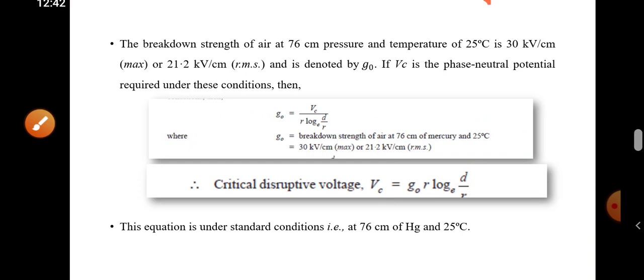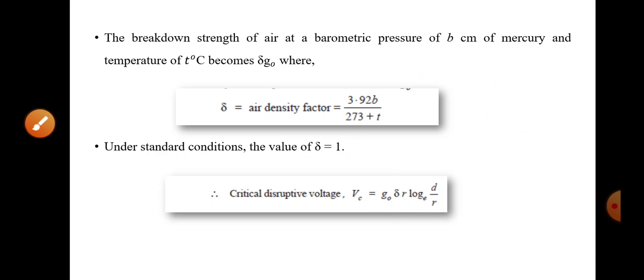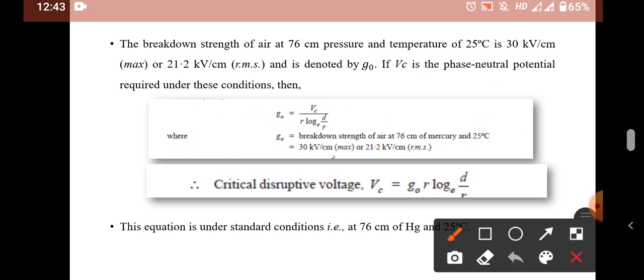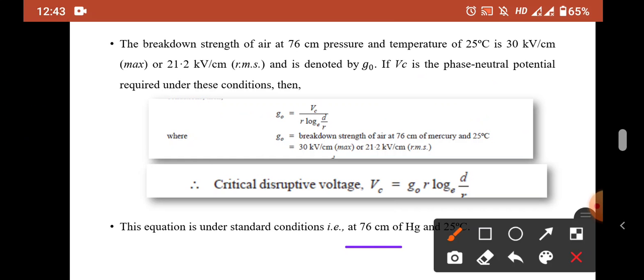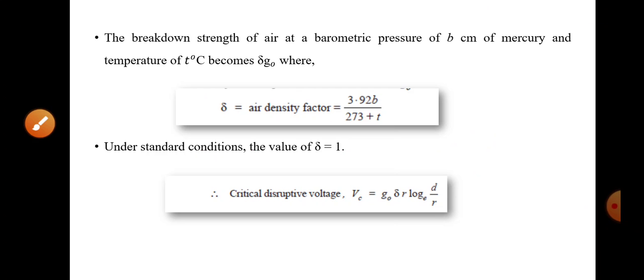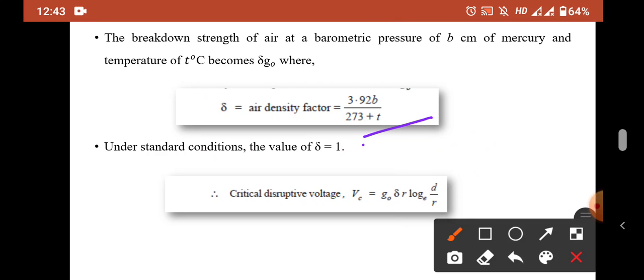So before it was G0; if the barometric pressure and the temperature change, then G0 will become delta G0, and delta is the air density factor, which is given by 3.92 b by 273 plus t. So for some barometric pressure b and for temperature t, we have to substitute these values b and t, then we will get the air density factor.